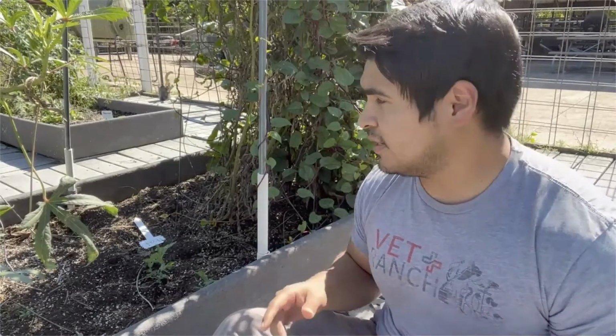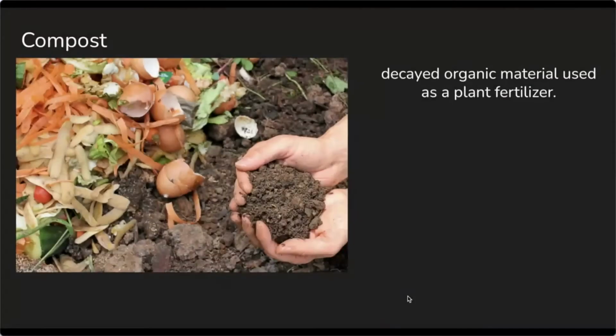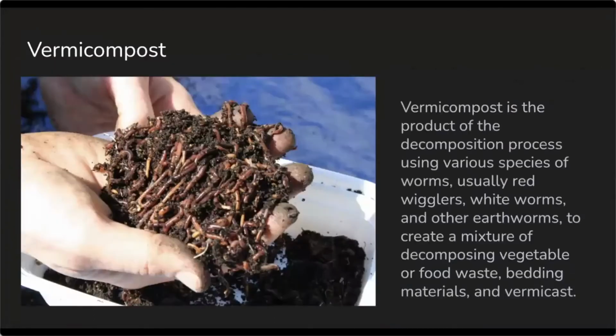Let's get started, guys. All right, so compost is the decayed organic material used as plant fertilizer, but today we are going to focus on a special type of compost called vermicompost. And vermicompost is the product of the decomposition process using various species of worms, usually red wigglers, white worms, and other earthworms. This time around, we'll be using red wigglers.